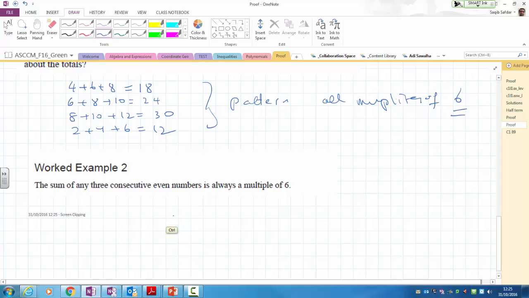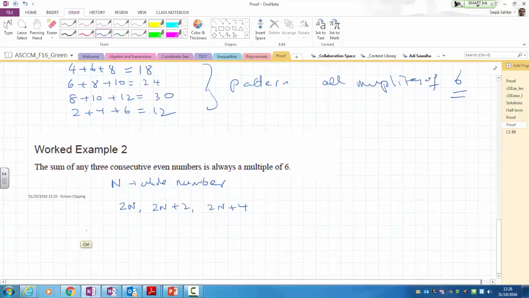Let's construct 3 numbers which are even. Okay, so if I've got some integer, n is a whole number, then we know 3 consecutive even numbers will be 2n, 2n plus 2, 2n plus 4. Agree? Yeah. Right.